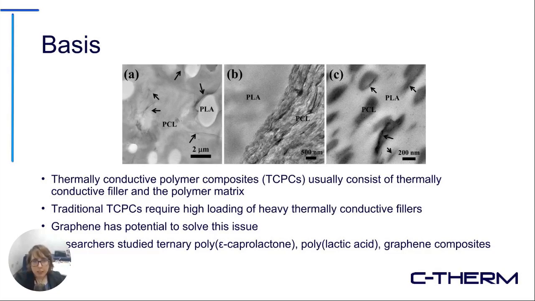So this slide describes the principle of what they're doing. What they were looking to do was generate thermally conductive polymer composites by trapping the graphene at the interface between the polylactic acid, which is abbreviated PLA in these images, and the ternary poly epsilon caprolactone, which is the copolymer for this polymer blend.